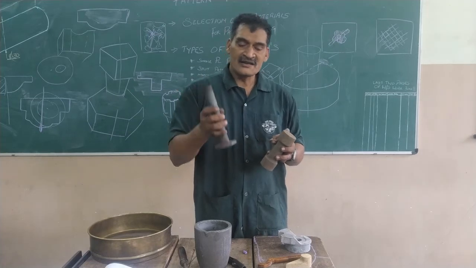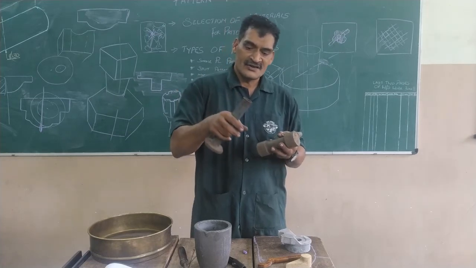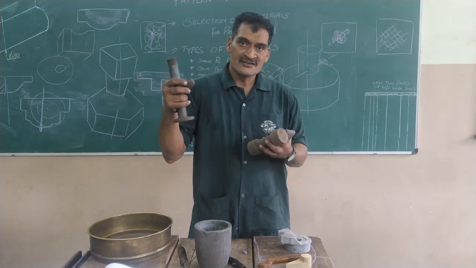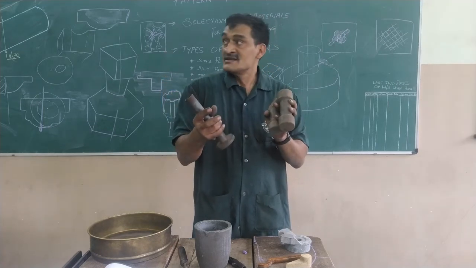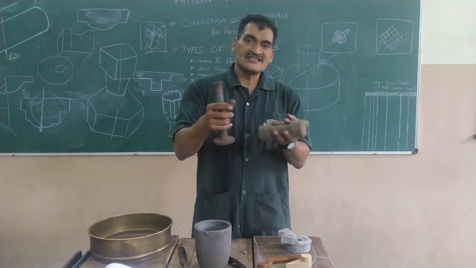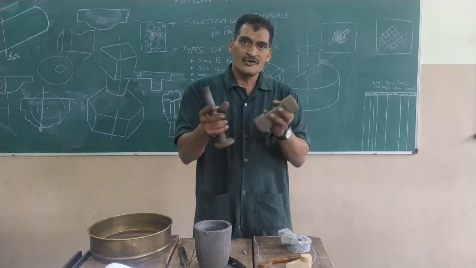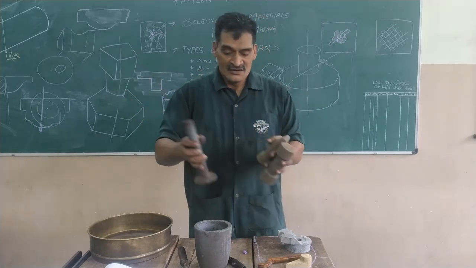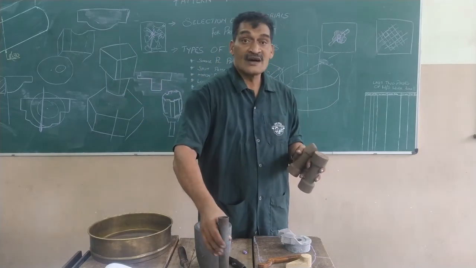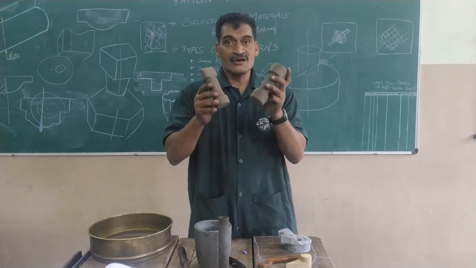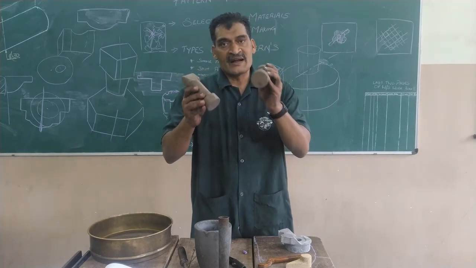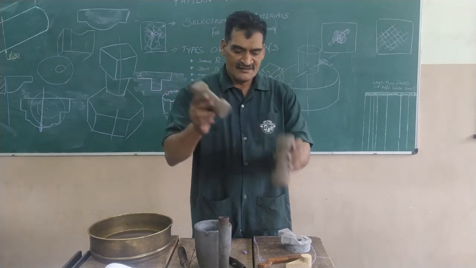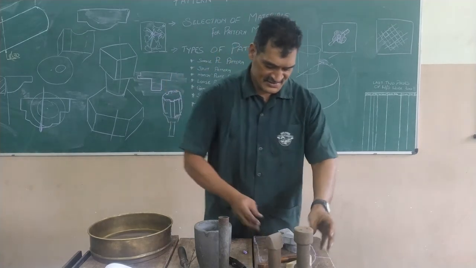As in, while preparing the mold, sometimes when the pattern is removed, you might get the mold shaken, or you might get a very different shape from what is desired. So for that, we got to have proper compacting of the sand with the help of these tools, which are called rammers.